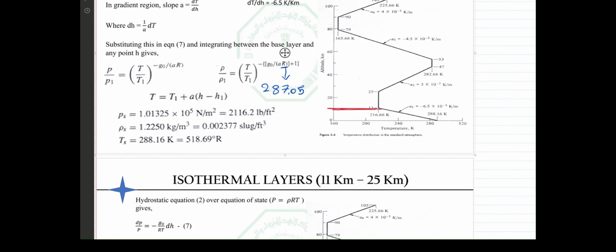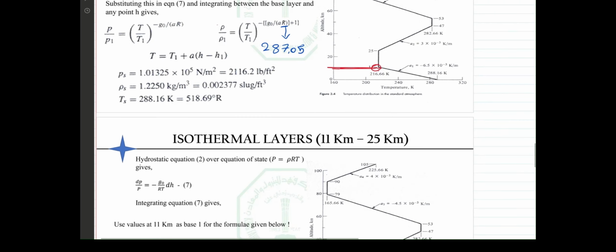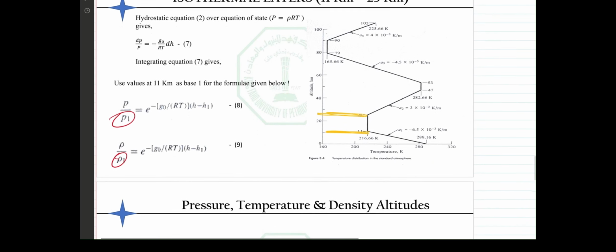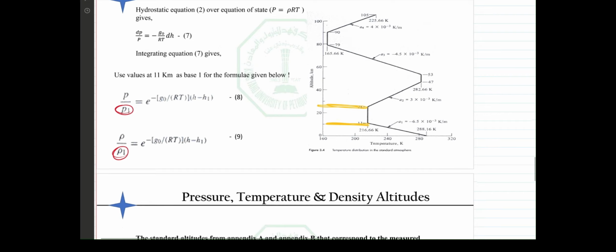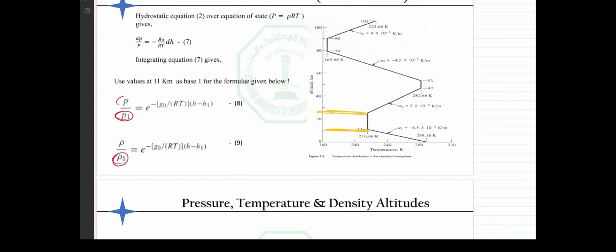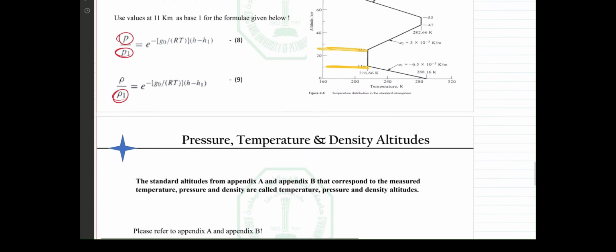We put the altitude at 11 kilometers and solve for either the pressure or the density, and then use them as P1 or rho 1 in these equations to get the P at a specific altitude from 11 to 25 kilometers.